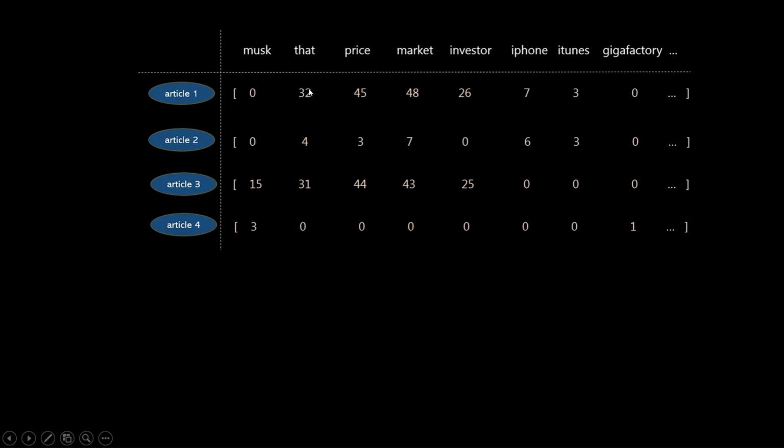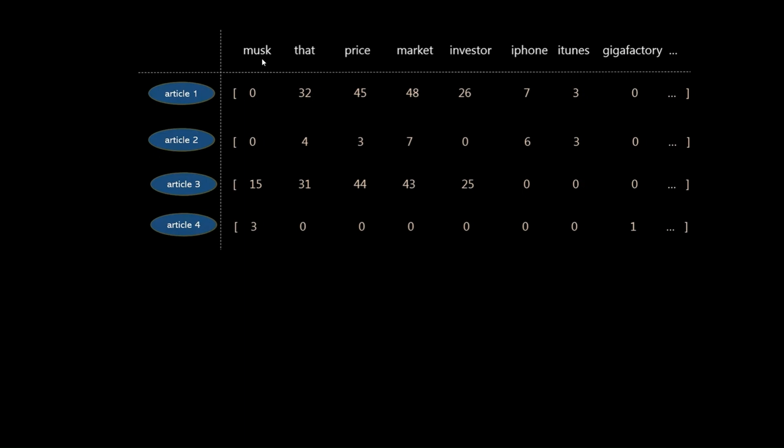The word "meaning" appeared 32 times in Article 1, 4 times in Article 2, and 31 times in Article 3. "Price" appeared 45 times in Article 1, 44 times in Article 3, and 3 times in Article 2. This is a bag of words representation of these articles across the vocabulary that we have taken.